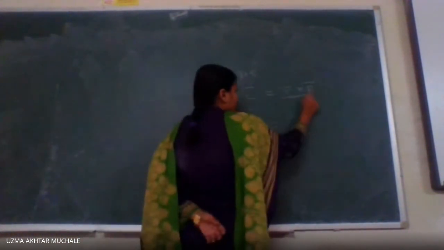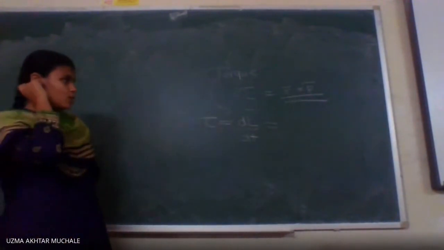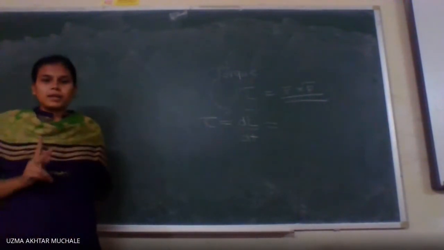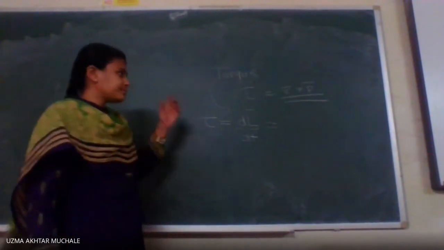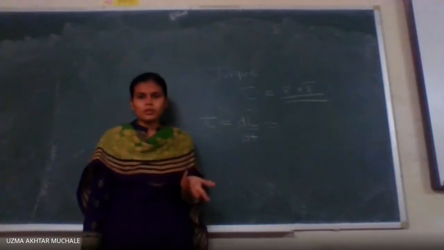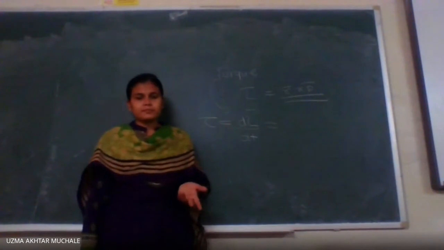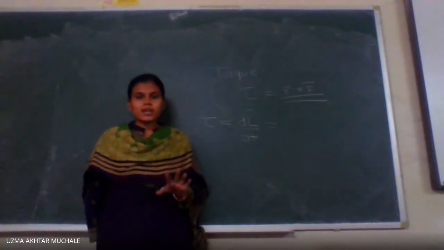So how are you going to differentiate this R bar cross P bar? Because you know the multiplication rule for derivatives, the U into V rule. What is the rule for the derivative of U into V?